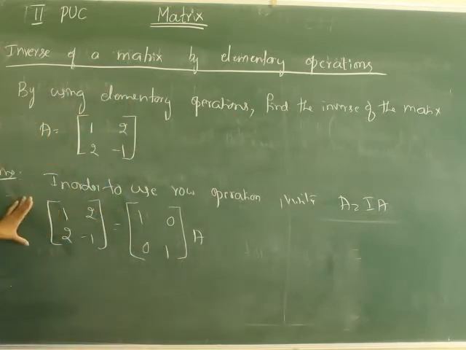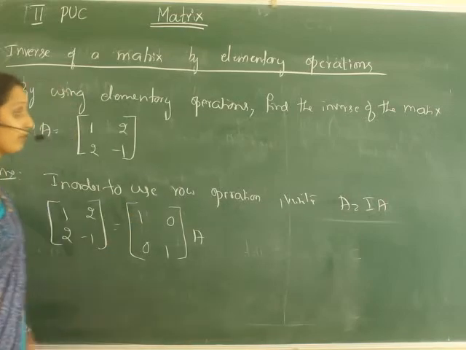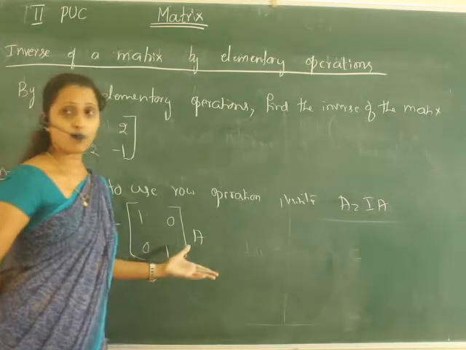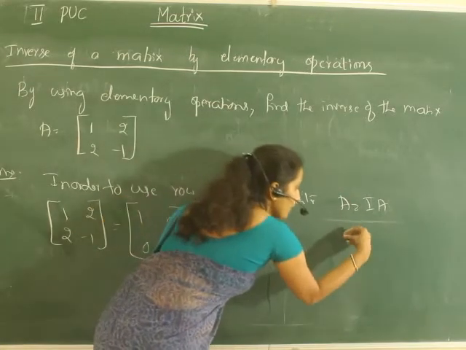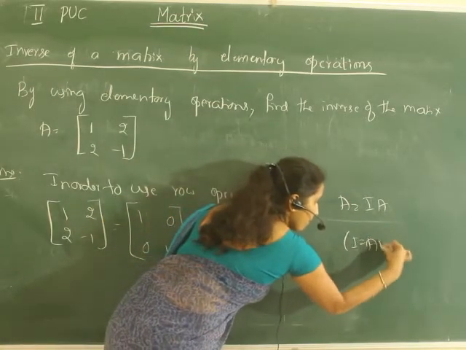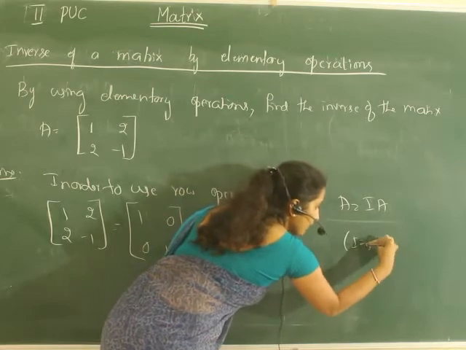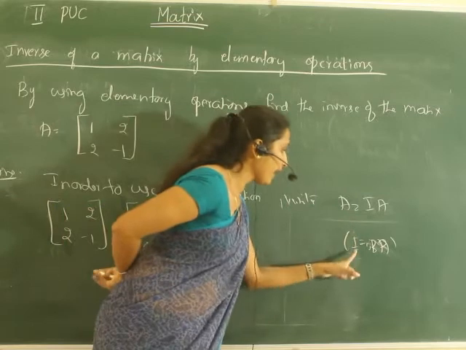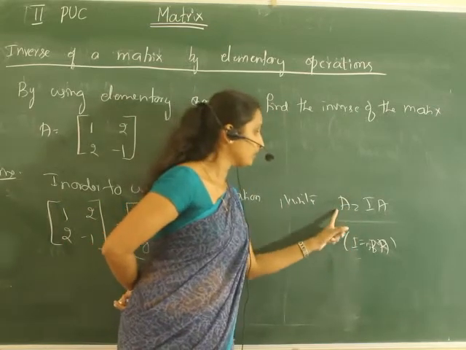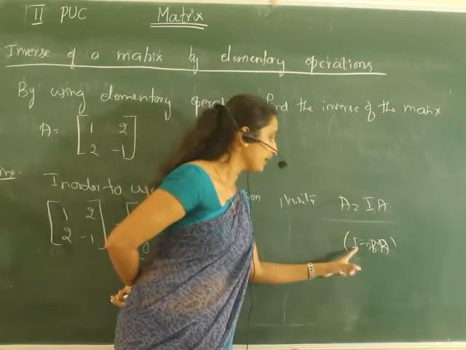Finally, after all these operations, we have to get I is equal to B into A. So we have to convert the given matrix A into I.